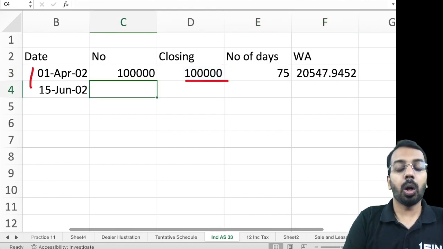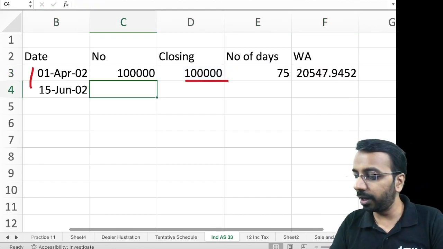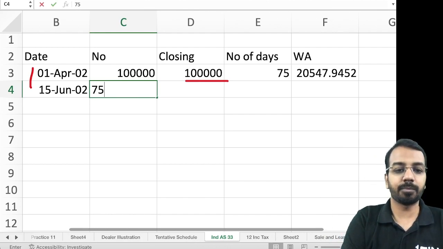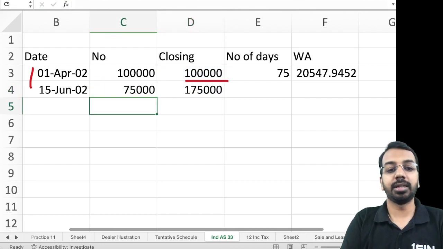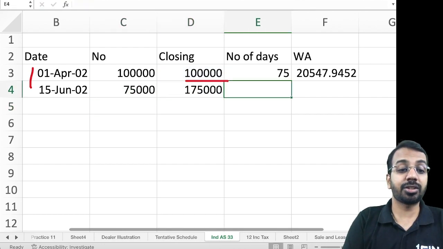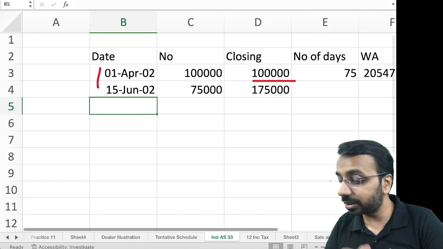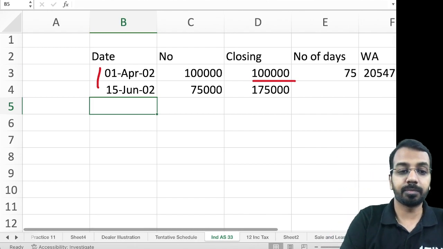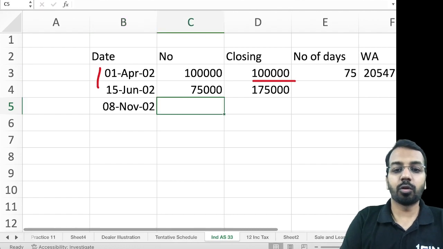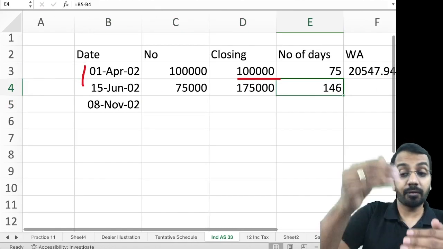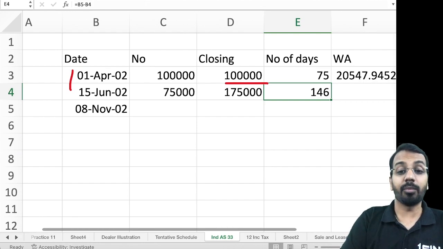Then on 15th of June, what did we do? We issued equity shares, 75,000. Now the closing balance is 1 lakh plus 75,000. Number of days: now when did the next change happen? The next change happened on 8th of November of year 2. So the number of days are 146, from 15th of June till 8th of November.